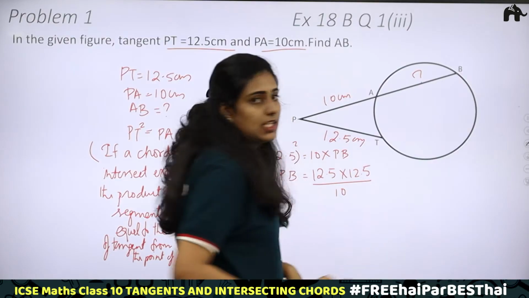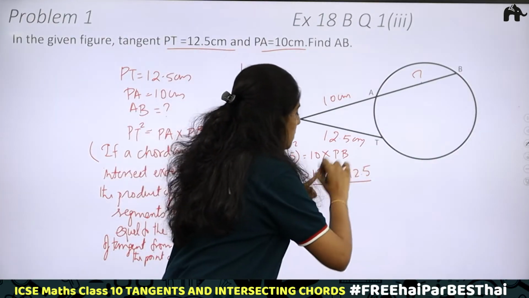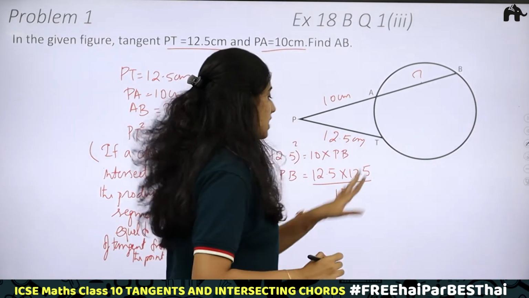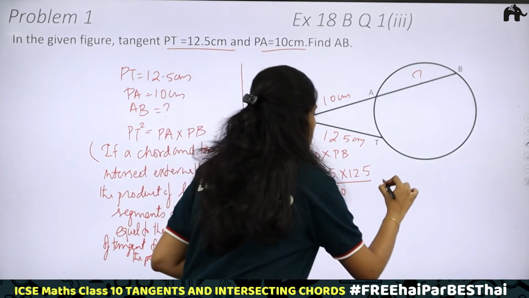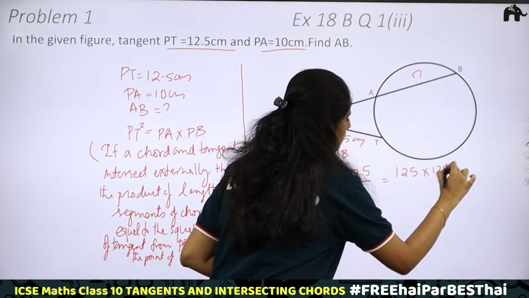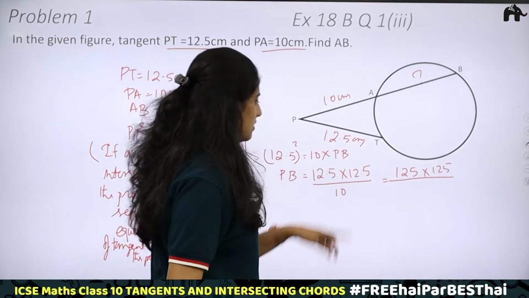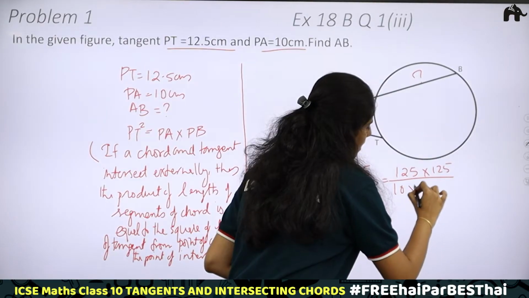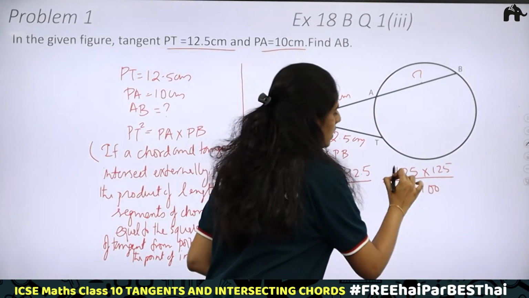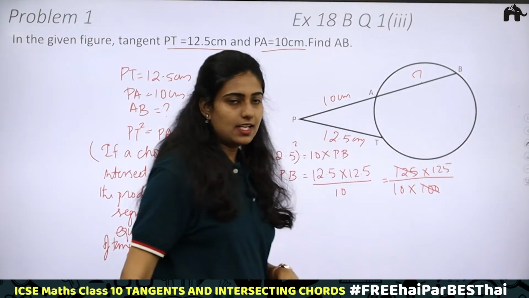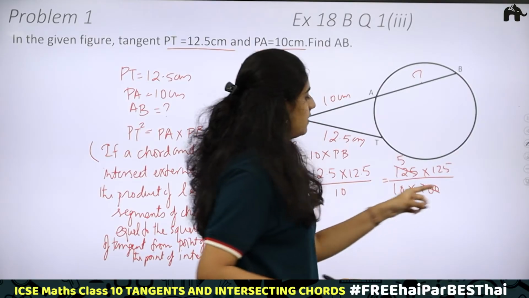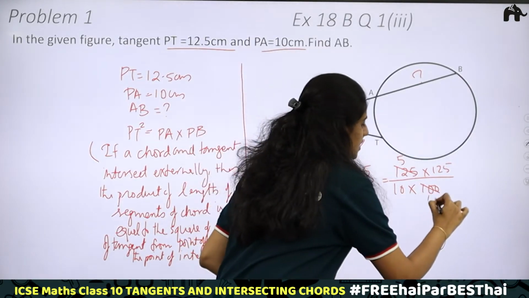In order to remove the decimal, I am multiplying the numerator with 100. Also we have to multiply the denominator with 100. Therefore, we will be having 125 into 125 divided by, here already we have a 10 into 100. So 125 and 100 can be cancelled. 25 into 5 is 125, 25 into 4 is 100.